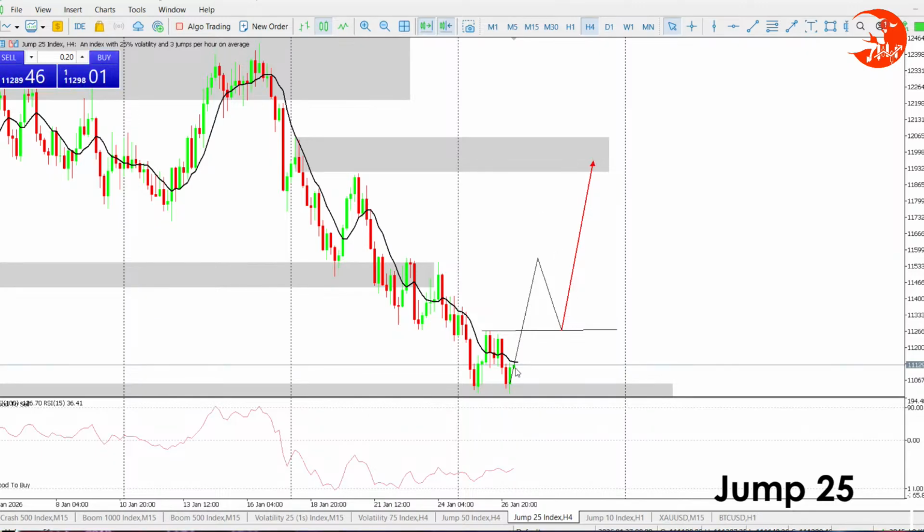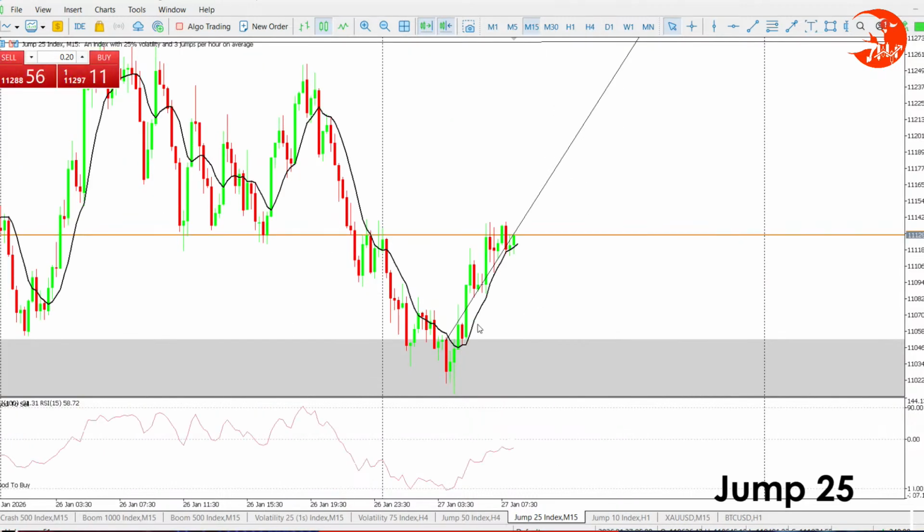Of course, on H4, this is what you can anticipate if this is a valid double bottom. If price breaks that and comes here, then you'll know that it is a valid double bottom. However, if we go to M15, we can get a better entry way earlier.